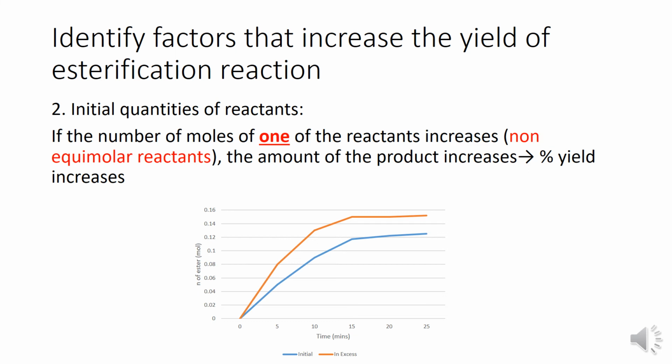The red curve will be observed. This red curve is above the blue curve. It means the number of moles of ester formed, the product, increases. As a result, the percentage yield increases.